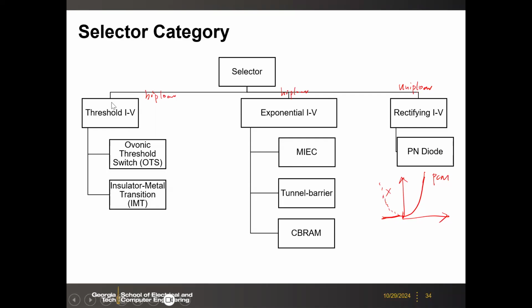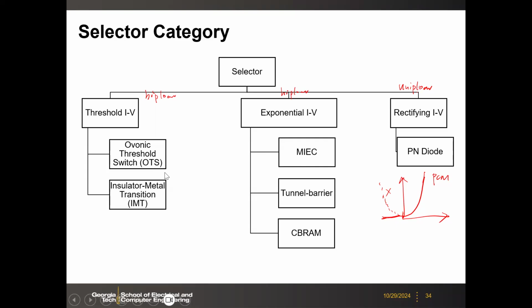So under the threshold IV, there are different physical mechanisms. One is called OTS, Ovonic threshold switch. This OTS is used for the later phase change memory products, for example, 3D XPoint from Micron and Intel. And this OTS recently became popular again, and we will talk about that in the phase change memory lecture.